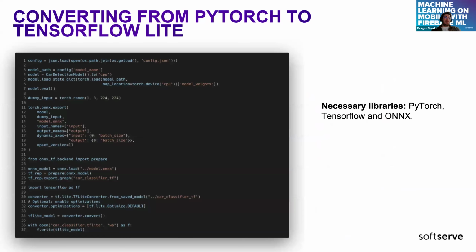Now, I trained and defined this model in PyTorch. This is a really cool example because it showcases that it doesn't matter what tools we use. We can map them to TensorFlow, and by mapping them to TensorFlow, we can use it.